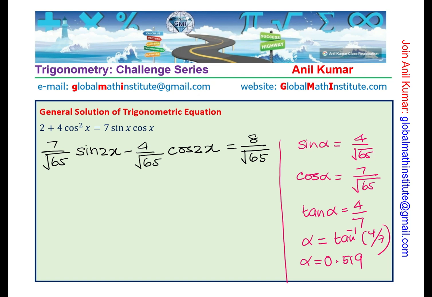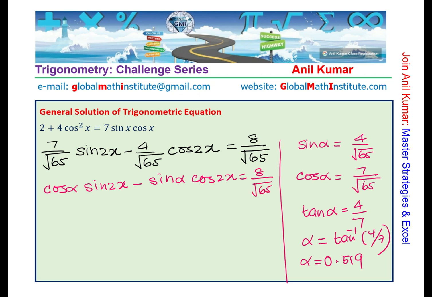So what we really did here was we can write this as cos alpha times sine 2x minus sine alpha cos 2x equals 8 over square root 65. Makes sense, right? So that's what we have.